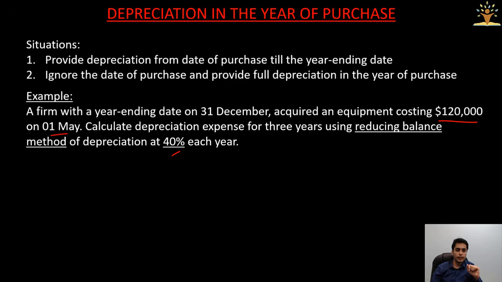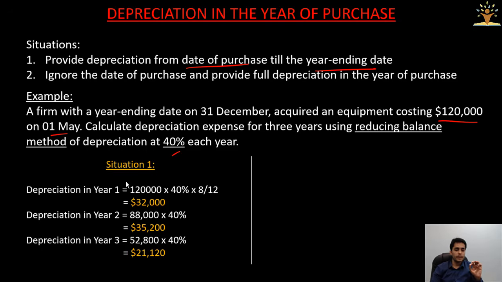Situation 1, where they tell you to provide depreciation from the date of purchase till the year ending date. So depreciation in year 1 would be your 120,000 multiplied by rate 40% multiplied by 8 by 12. Why 8 by 12? Because you've used it from 1st May to 31st December, only 8 months. So you get 32,000.